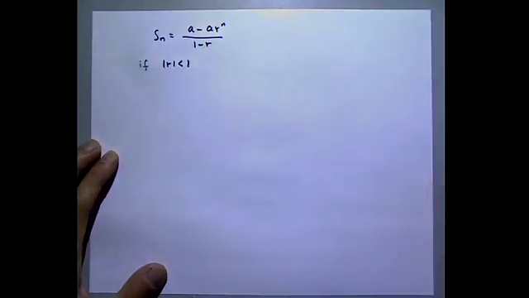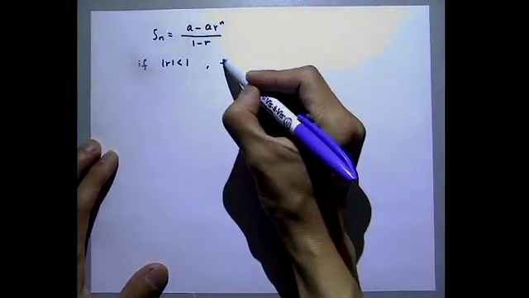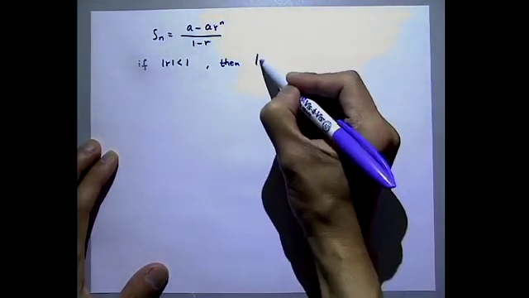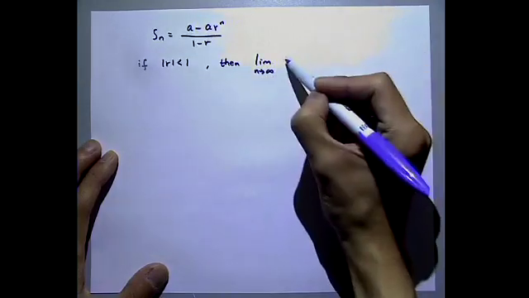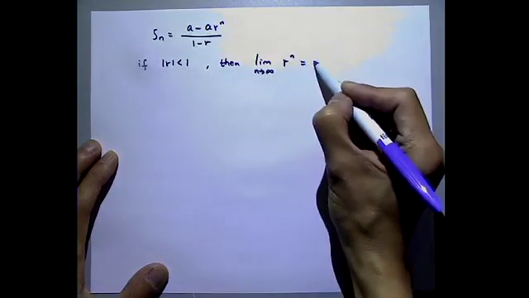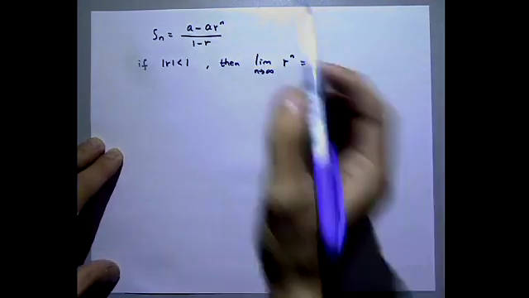If the absolute value is less than 1, then the limit as n goes to infinity of r to the n goes to 0, right? So this goes to 0.